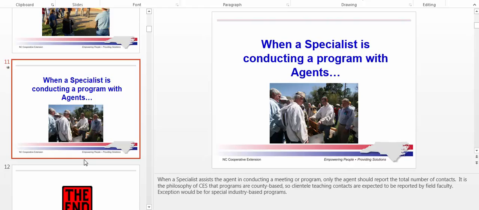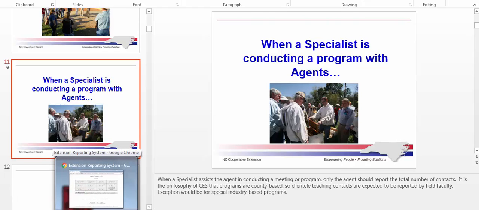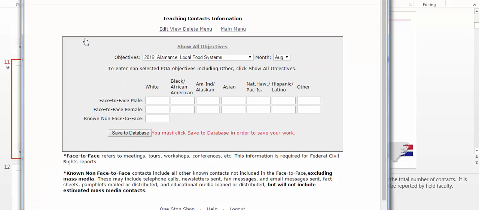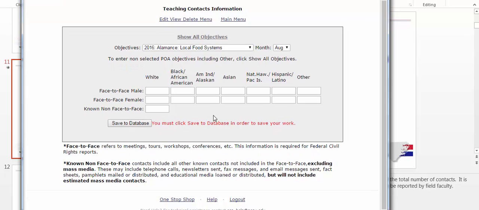Now, some other things just to be aware of. Under client contact information, these should be done each month. You don't want to go too long not reporting, because you may forget some of the things that you did, and it's always good to keep a tab of activities and programs that you do.